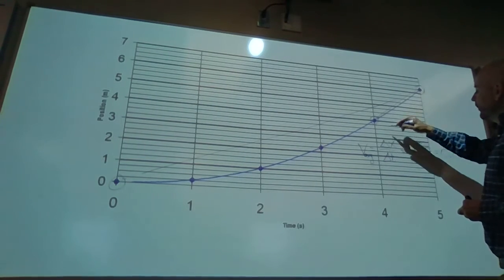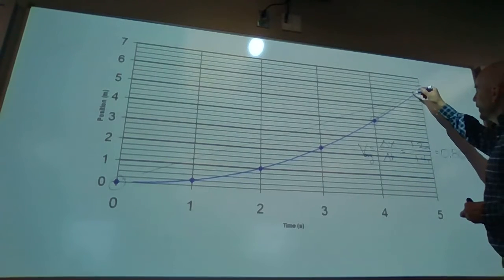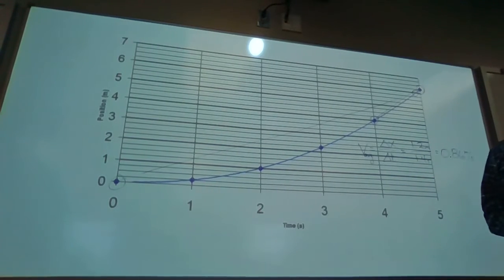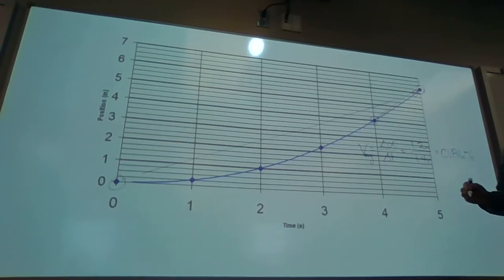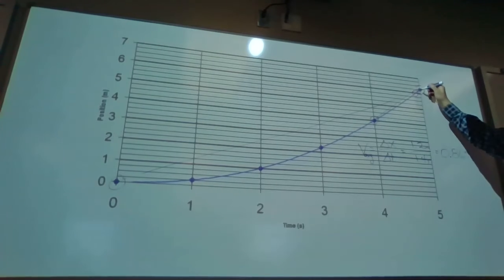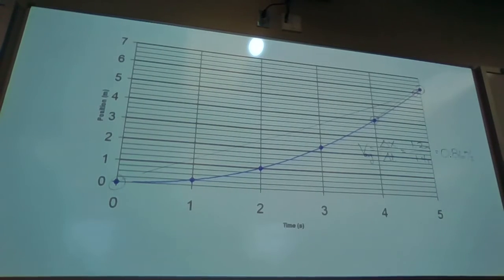Same idea, why stop at 4? Why not go to like 4.9, 4.99 to 5, 4.9998 to 5. That progression there is where calculus comes from. This idea that we get smaller and smaller time intervals.